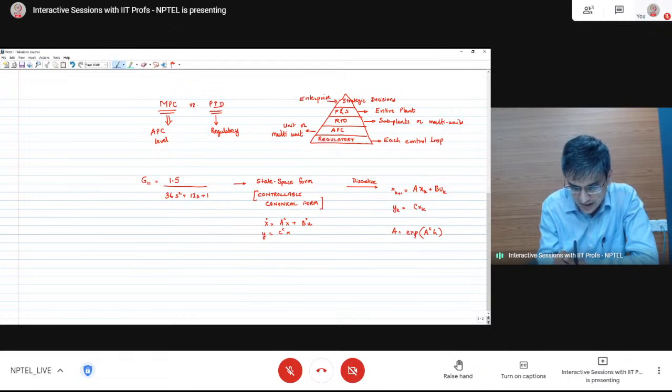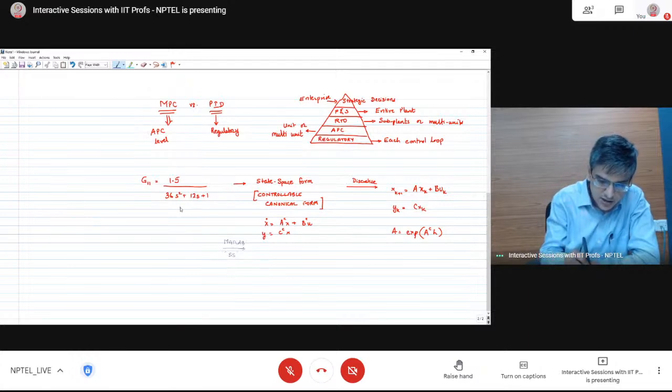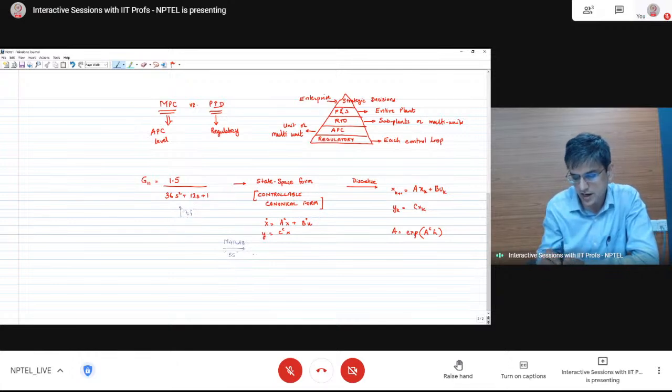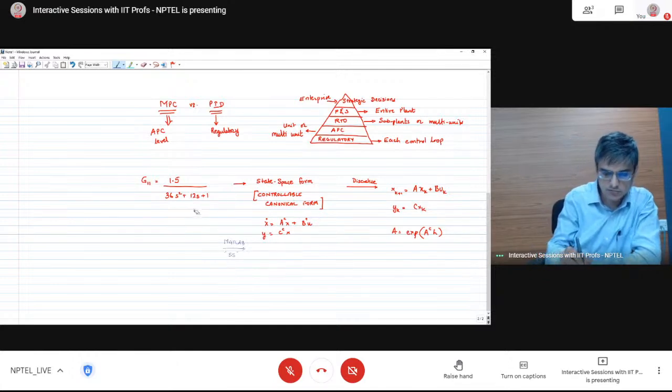If you are using MATLAB, you will use the ss command in order to get this. In order to get this, you will use the tf command.